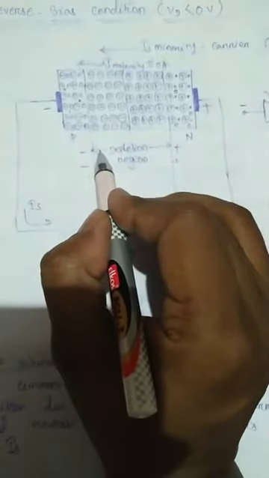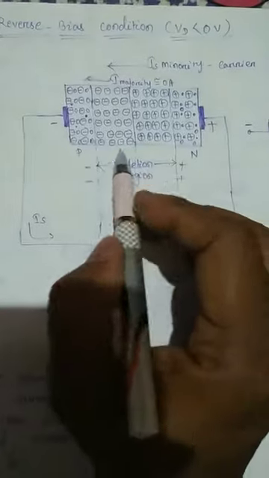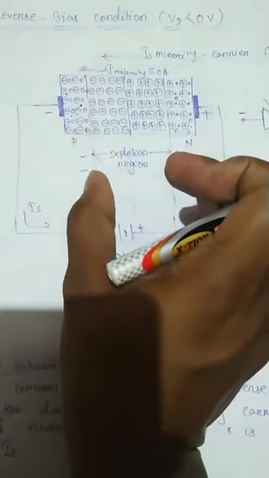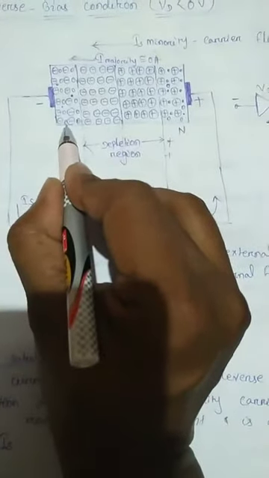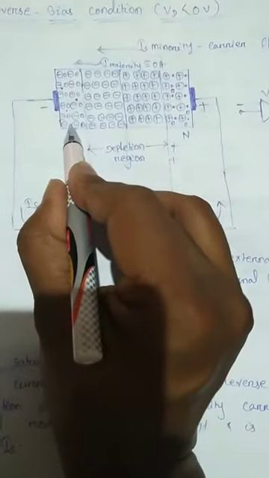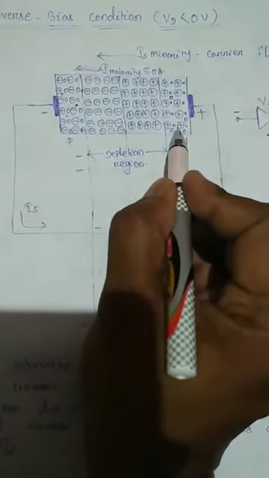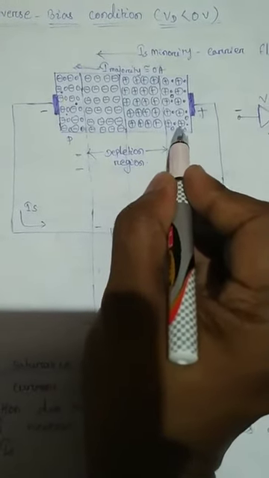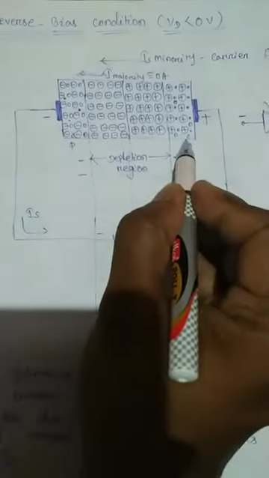The increase in the width of the depletion region prevents the flow of the majority charge carriers, electrons from the N side to P side, and holes from the P side to N side.